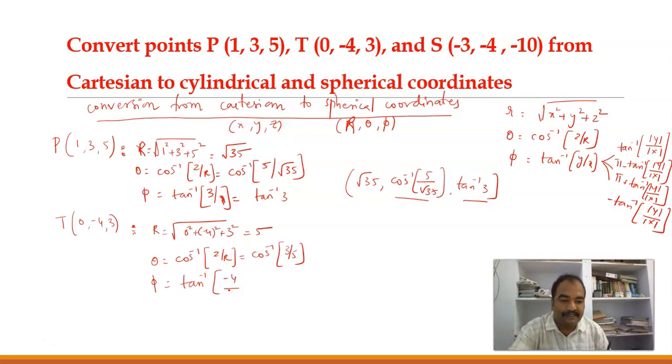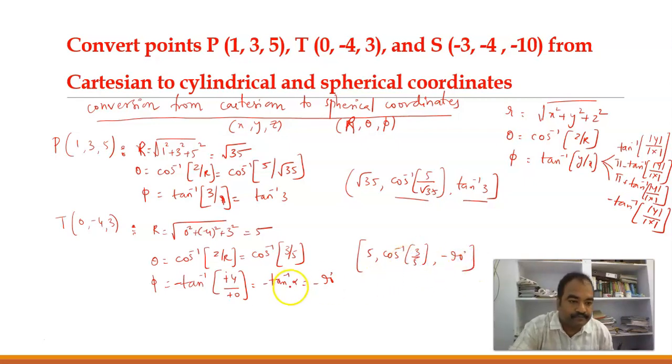Since x is positive and y is negative, it is in fourth quadrant, so I will take minus tan inverse of mod y by mod x, so it is plus 4 by plus 0. So it is minus tan inverse infinity, it is minus 90. So the answer is 5, cos inverse of 3 by 5, and minus 90 degrees.